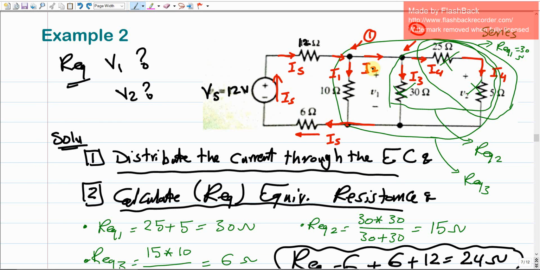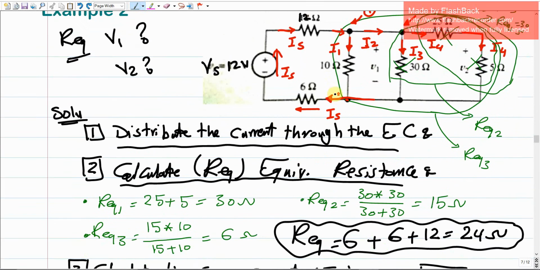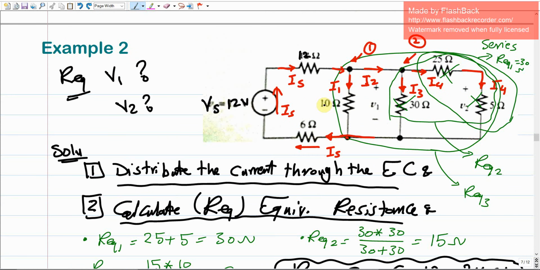And to find I2, intuitively you're going to find I1. So we have to calculate all the rest of the currents, which are unknown within this electrical circuit, to figure out how much is V1 and V2. So we should find I1, I2, I3, and I4. Make sense? But remember, don't use Kirchhoff voltage law, Kirchhoff current law.